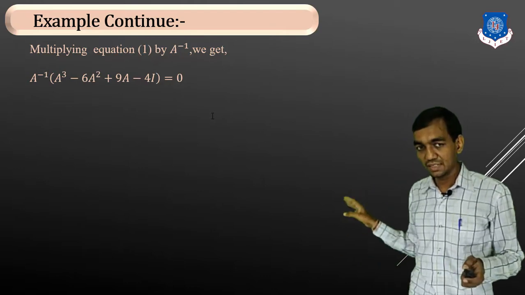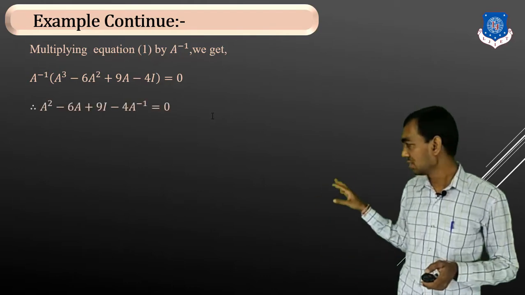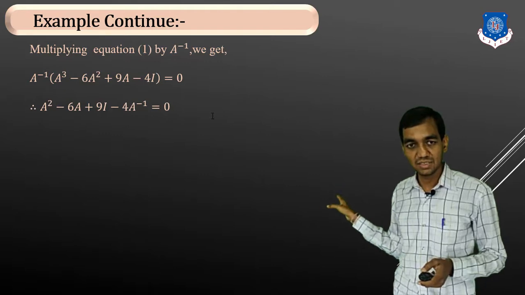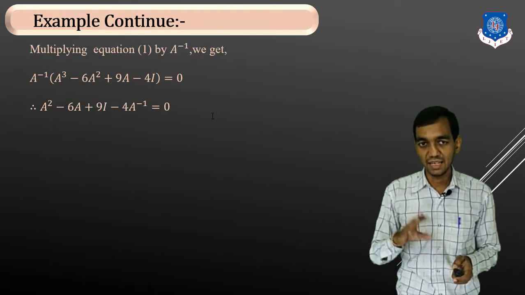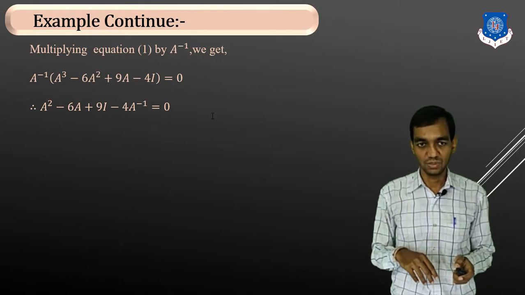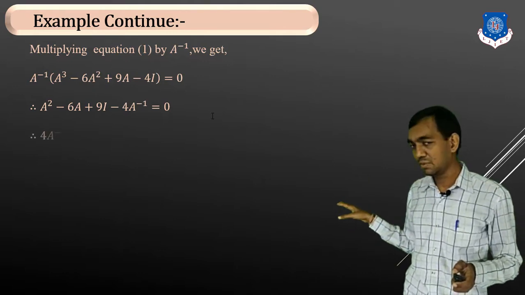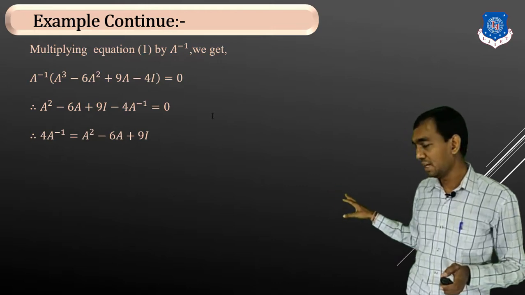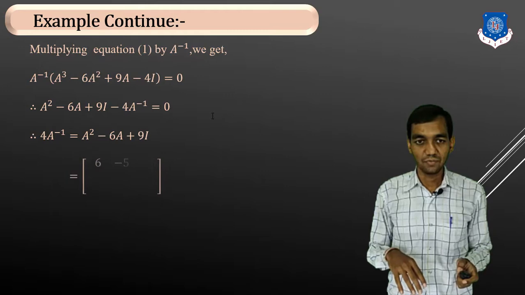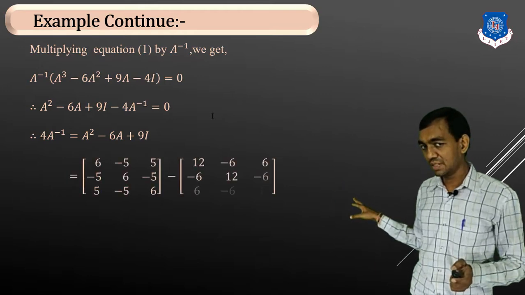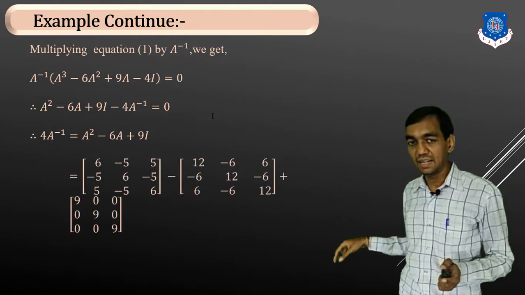Multiplying A inverse inside, you will have the equation A square minus 6A plus 9I minus 4A inverse equal to 0, because I into A inverse is A inverse. If you make A inverse the subject, you will have 4A inverse equal to A square minus 6A plus 9I. Now put the values of A square, 6A and 9I.